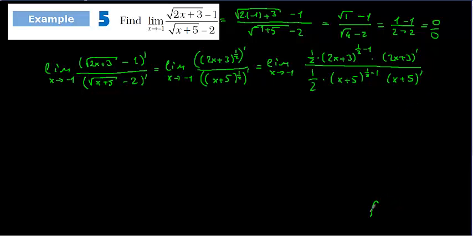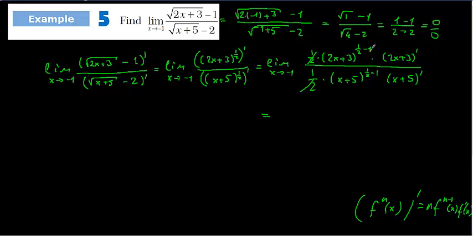The chain rule was like this: f to the power of n, x derivative is equal to n times f to the power of n minus 1 of x times f derivative of x. And here 1 over 2 and 1 over 2 we may simplify, and these derivatives are going to be with a negative power, so it should be written like this.